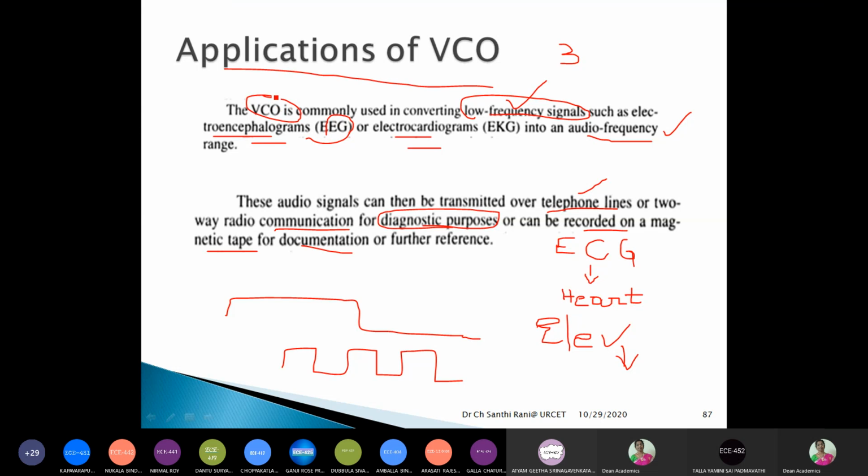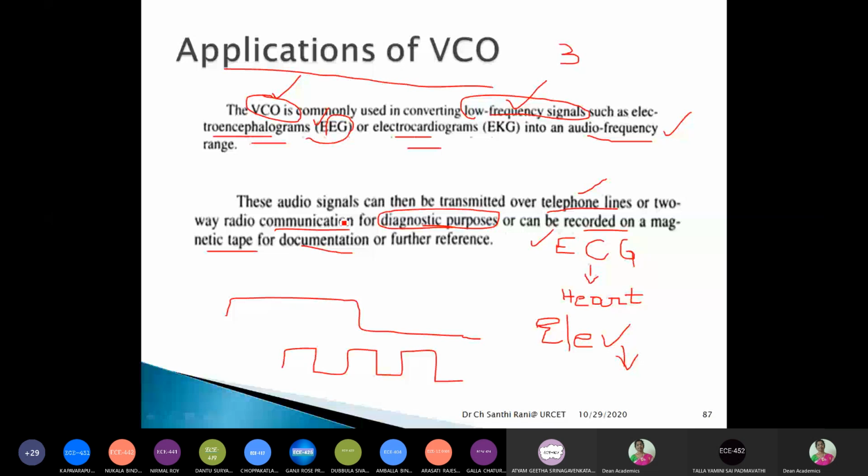These VCOs are commonly used in converting low frequency signals into an audio frequency signal. For example, if we take ECG, and EEG, which we will come across a little later, these signals are of very low frequency, and they are converted into the audio frequency range by the voltage controlled oscillator.